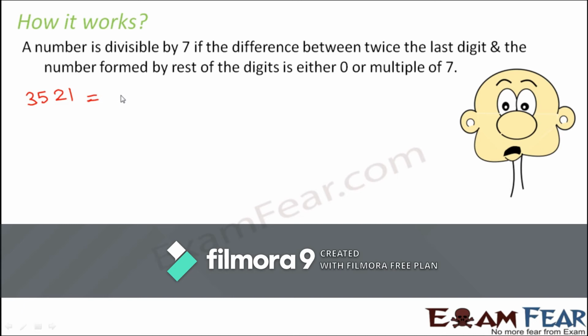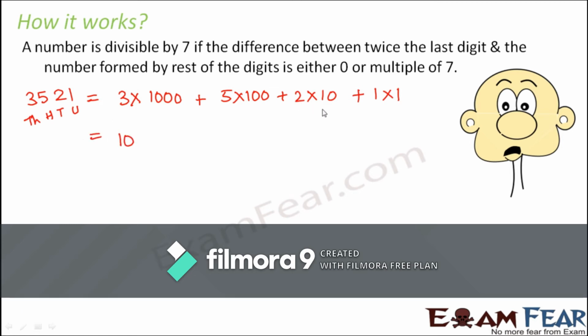Now, if we expand this number, how would I expand this number? As usual, units, tens, hundreds and thousands. So this will be expanded as 3 into 1000 plus 5 into 100 plus 2 into 10 plus 1 into 1. This is how we will expand the numbers.